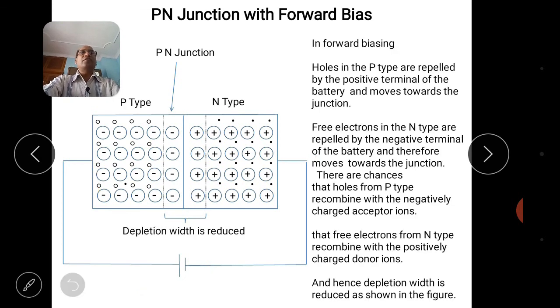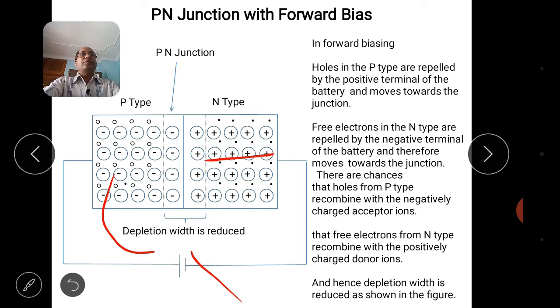In forward biasing, holes in the p-type are repelled by the positive terminal of the battery and move towards the junction. Free electrons in n-type are repelled by the negative terminal of the battery and therefore move towards the junction.